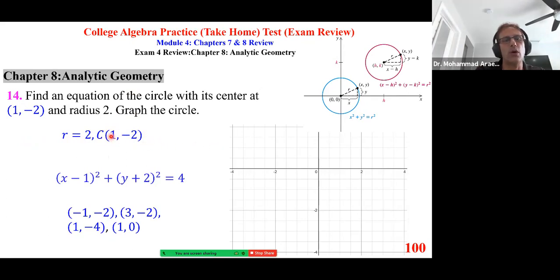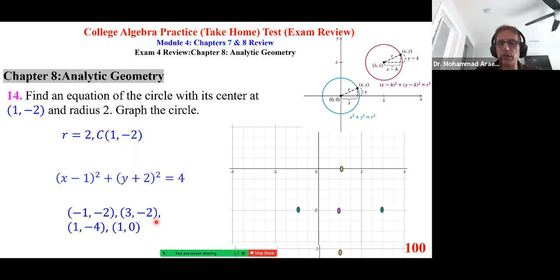That means you add 2 to 1. You also subtract from it. Now, to go up, you add r units to -2, which makes it 0, and you subtract from it. Those are the 4 points which will help us see the graph.